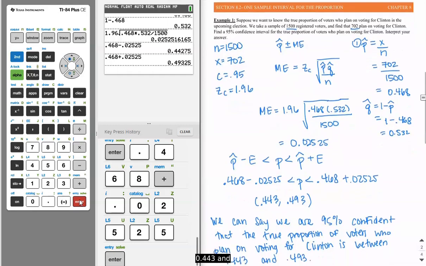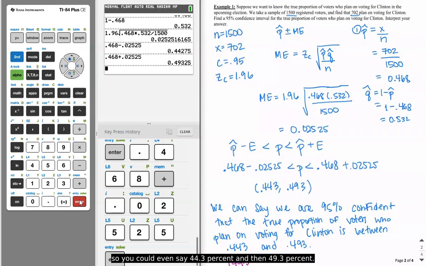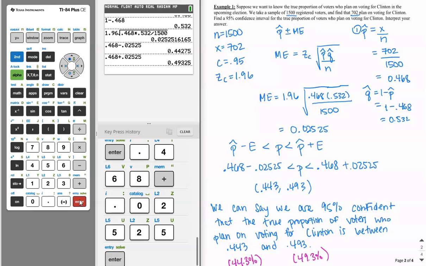Oops, sorry, let me move that up. And sometimes too, they will write it as a percentage. So you could even say 44.3% and 49.3%. Okay.